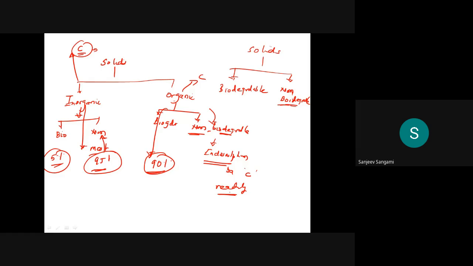Overall, you can say inorganic compounds are non-biodegradable and organic compounds are biodegradable, with 5 to 10% exceptions. So this is one classification and that is one more classification. Overall, we are making the solids into three phases.